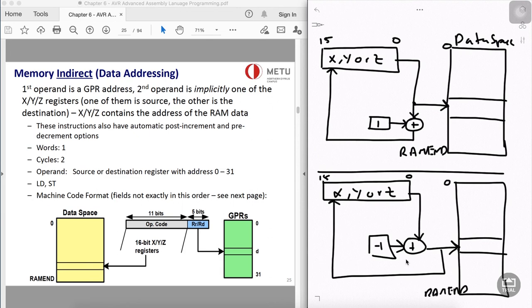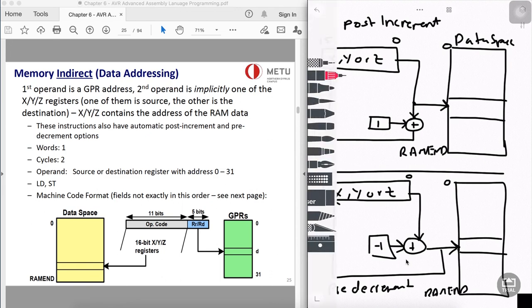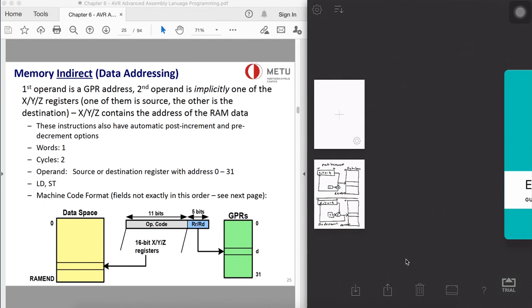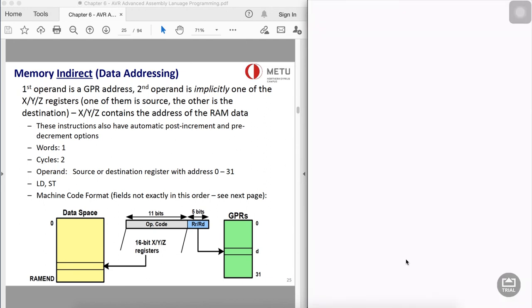So this is how we can deal with post increment and pre-decrement. And of course, the syntax is going to change a little bit, which we are going to show with an example.